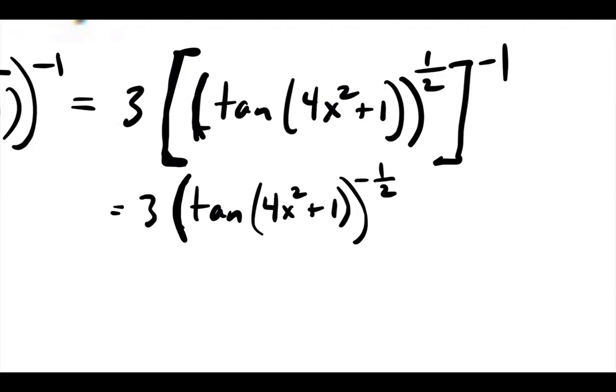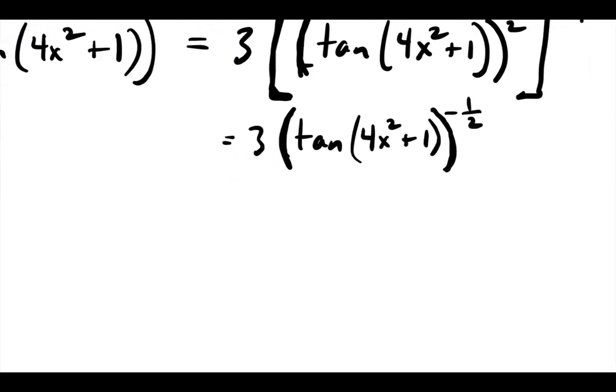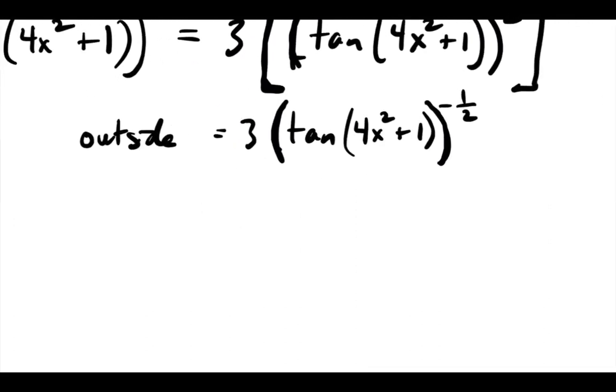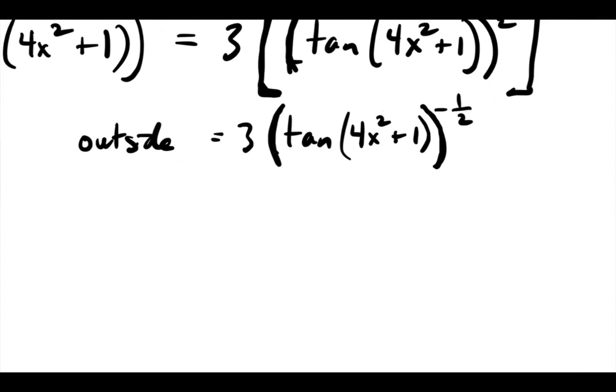Okay. Well, this is going to be the outside. Obviously, this is going to be the outside because it's the whole thing. So let's say I was going to find the derivative of this. How would I find the derivative of the outside of this guy? What are the only parts I'm looking at when I want to find the derivative of the outside?